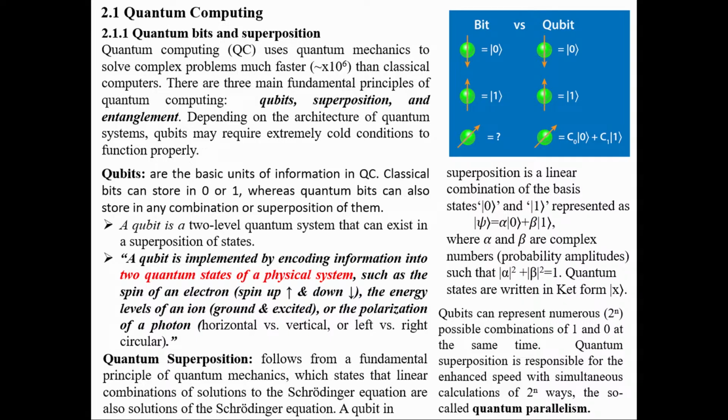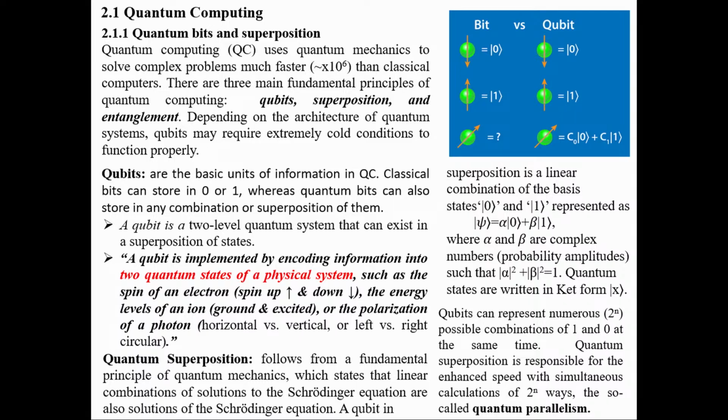Simultaneously it can be both, but that is not possible with a classical computer, which is either 0 or 1 at once. Till the coin falls, it may be head and tail, both will be there. What measurement will come, we have to wait. Once we do the measurement, the superposition will be lost. But before that, you can do a lot of operations.